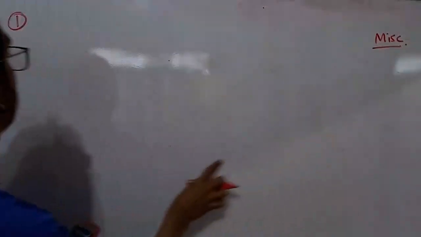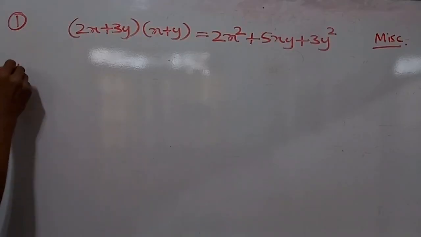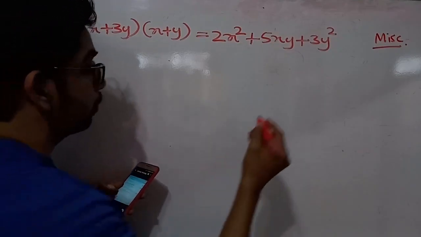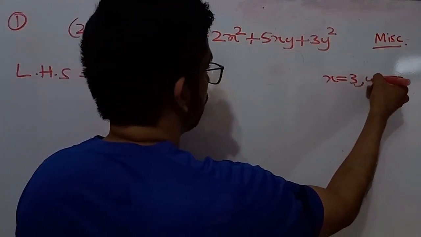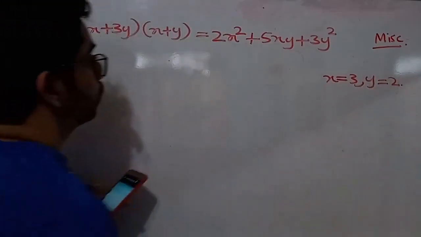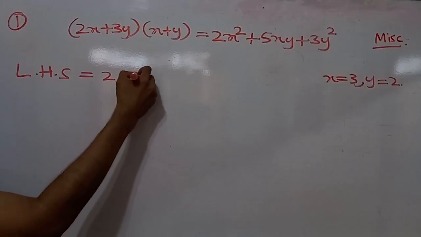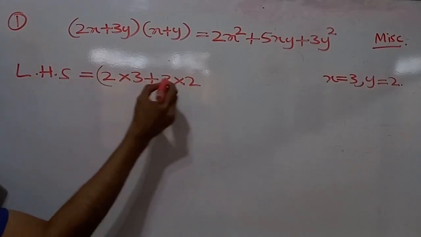Miscellaneous questions. We have to do a verification for each of the following cases. So let's take the left hand side. First let's write what x is. x is equal to 3, y is equal to 2. So 2 into x is 3 plus 3 into y is 2.